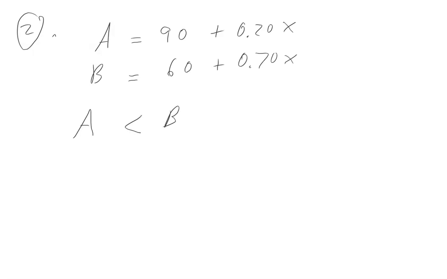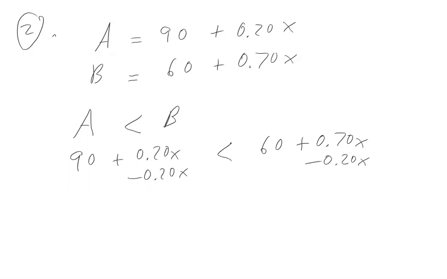To solve that, I'll just do 90 plus 0.20x is a better deal, or less than 60 plus 0.70x. Then I'll subtract the x term which is smaller, which is this one, 0.20x.